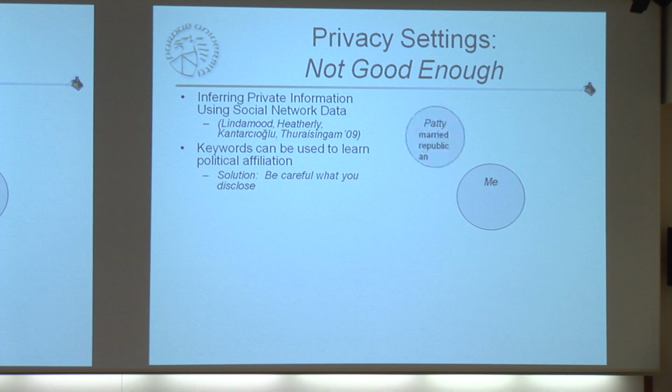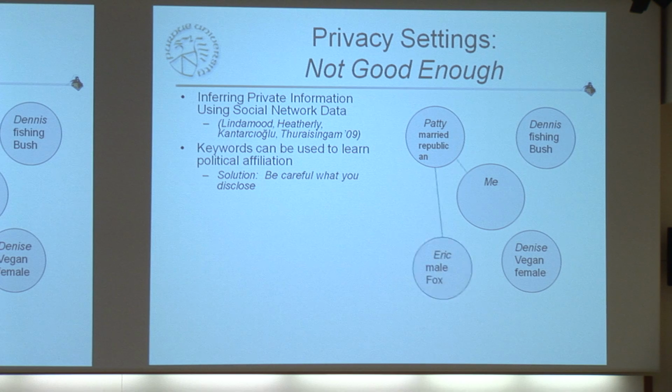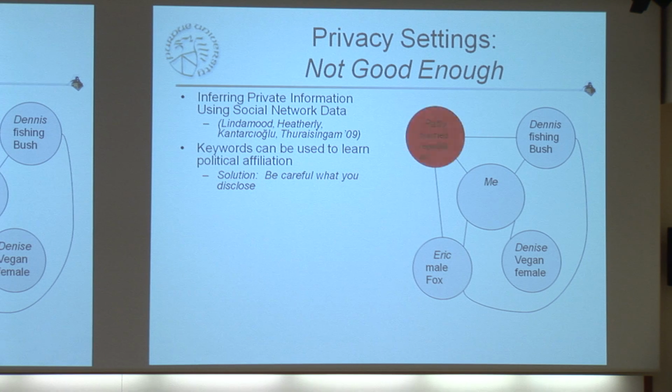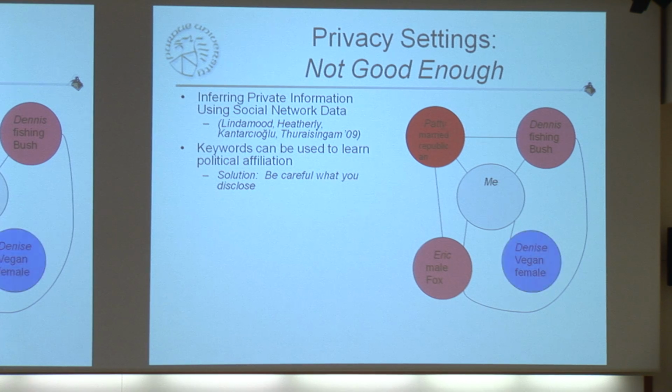And it's even harder than that. Because even without publishing anything about me, from my friendships, you can infer things about others. And from what you infer about others, you can infer things about me.